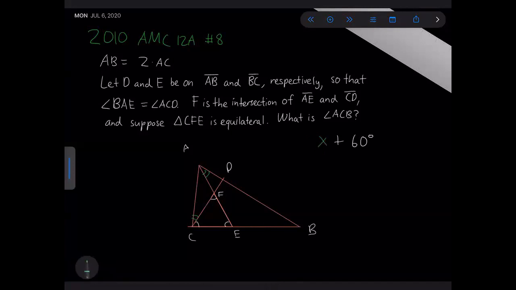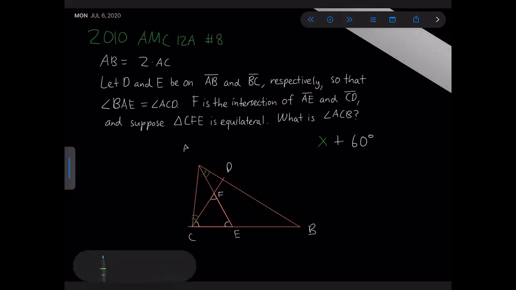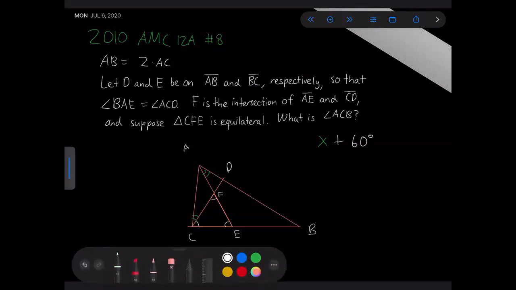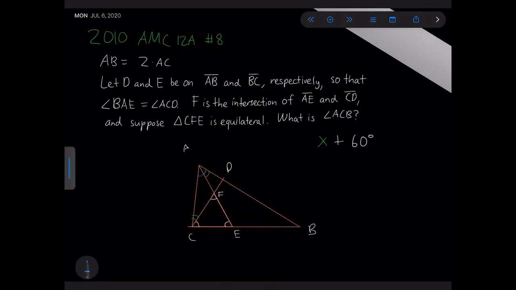Let's call this X. So we know that angle EAC plus angle FCA plus angle ECF plus angle AEC is going to equal 180. So let's label that: angle EAC plus angle FCA plus angle ECF plus angle AEC.